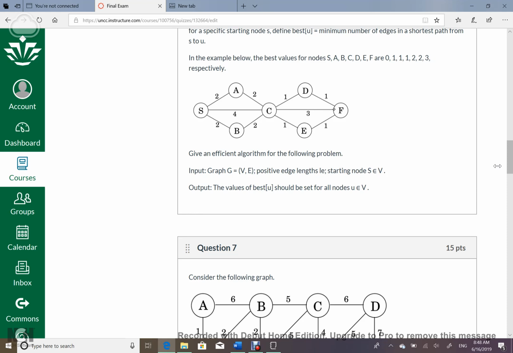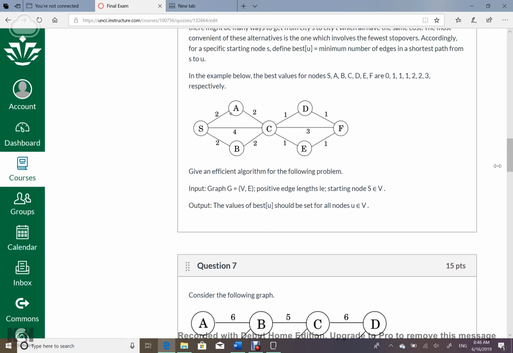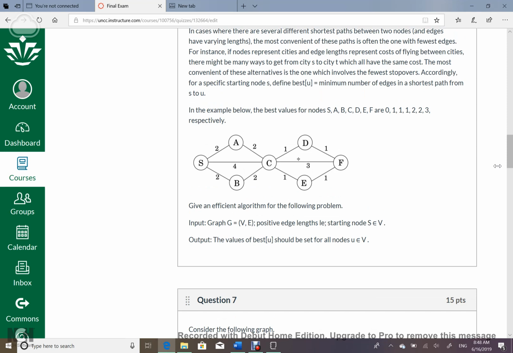So this is the 7, and this is the 6. So first we need to consider shortest path. Then if the lengths of these shortest paths are the same, you will use the shortest one, right? It's more complicated. Then you just use the number of edges. But you consider shortest path first, then you consider the number of edges.